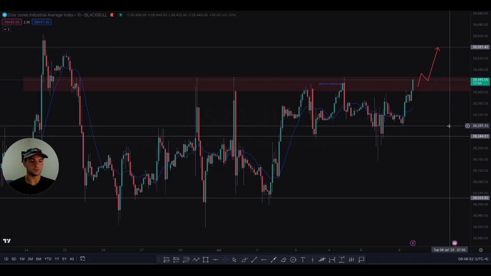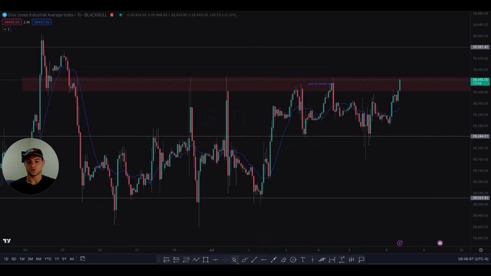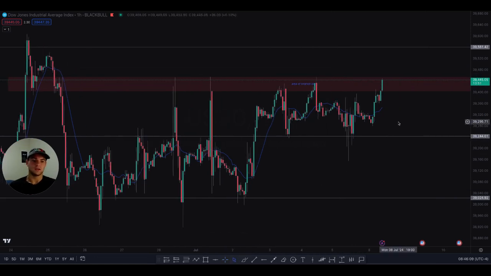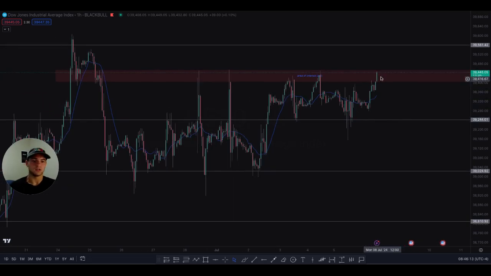All right, so we're probably going to keep pushing up, but we also have to understand that there are many possibilities that can happen, and that every moment in the market is unique, right? So we're now just waiting for this 1 hour candle to close.